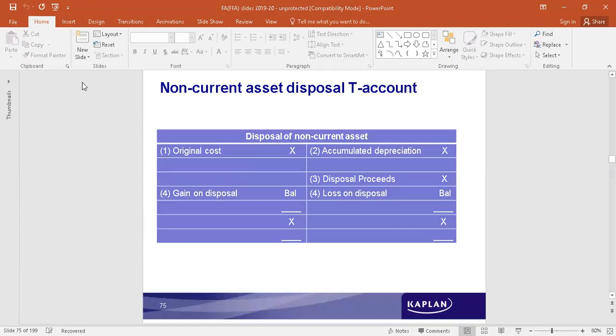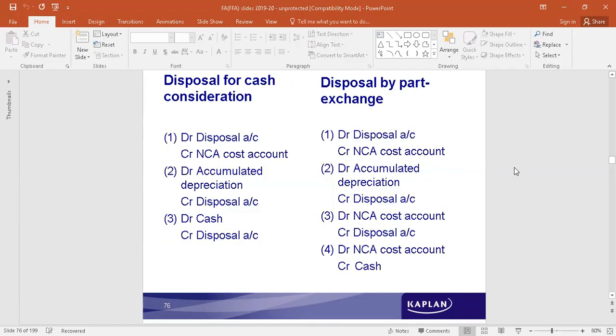Disposal of non-current asset: original cost, accumulated depreciation, disposal, that is the sale value. If this is less than the carrying value, there is a loss. Otherwise, there is a gain. Journal entries. When there is a disposal by cash consideration, it would be cash to disposal of the asset account.